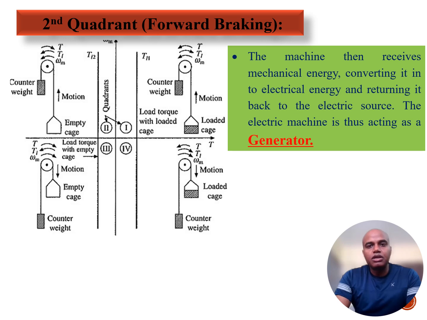That mechanical energy is being converted again into electrical energy, and fetched back to my battery storage systems. Therefore, the regenerative braking action happens in the second quadrant. Of course, it is all done through my power electronic converters.